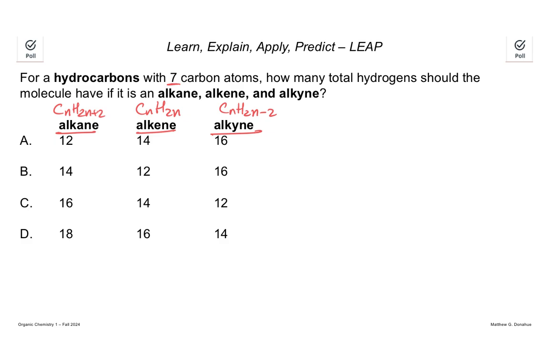That gets us 16. So again, this is a canned sort of question. Once you figure one out, you can eliminate the distractor answers. So A, B, and D are all out. And then C would be right. So for the alkene, 2 times 7 is 14. In the alkyne, 2 times 7, 14 minus 2, that gets you 12.